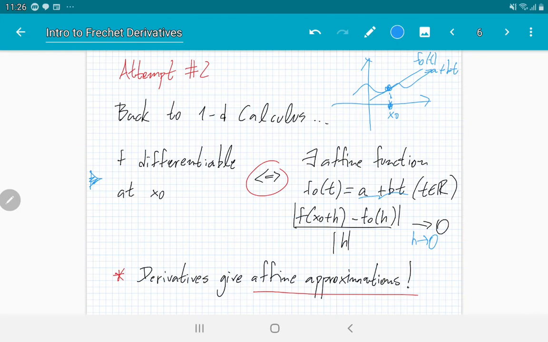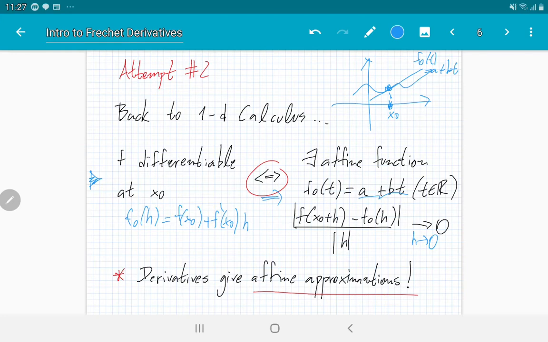So, okay, if f is differentiable, it's clear that this is true. So if f is differentiable, this direction is clear. You just write l of h as f of x0 plus f prime of x0 times h. And it's a nice exercise to go in the other direction.